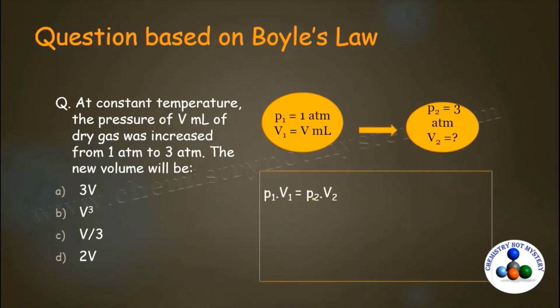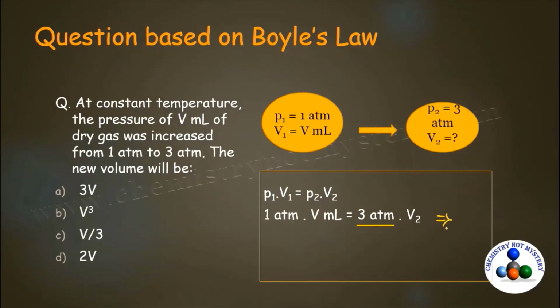So let's apply the formula P1 V1 is equal to P2 V2. Now place the values in this formula. P1 is 1 atmosphere, V1 is V ml, P2 is 3 atmosphere and V2 we have to calculate. Now transfer 3 atmosphere to the other side of the equation.